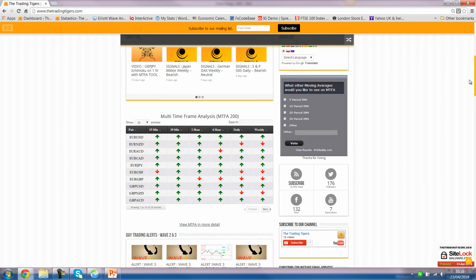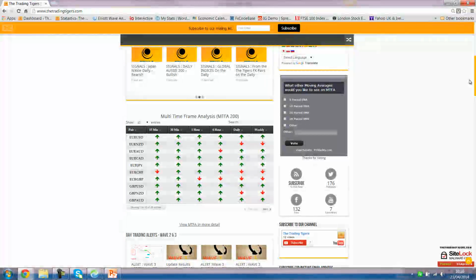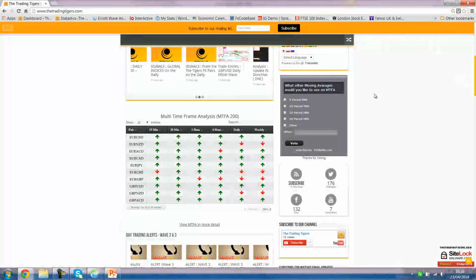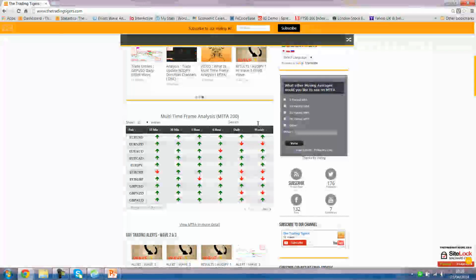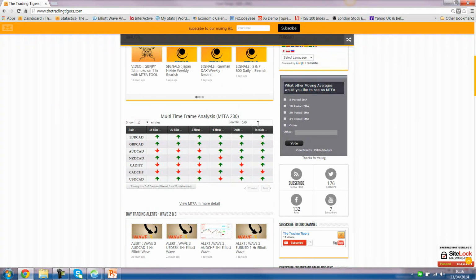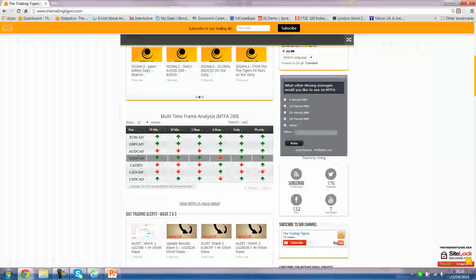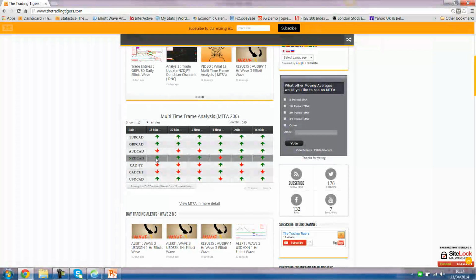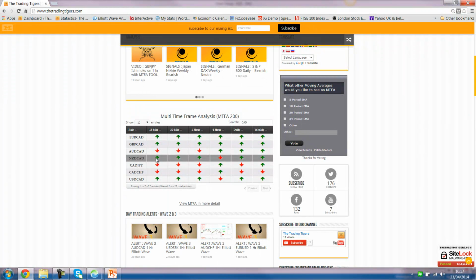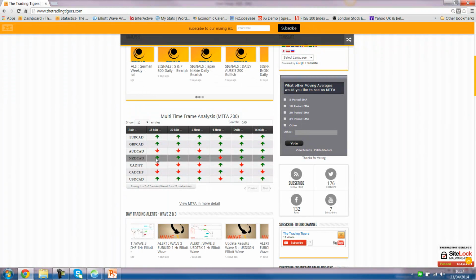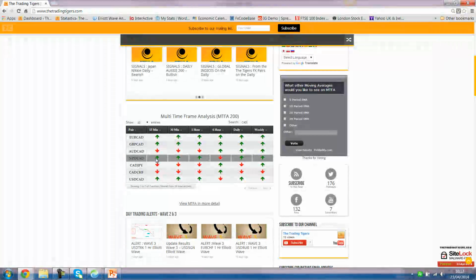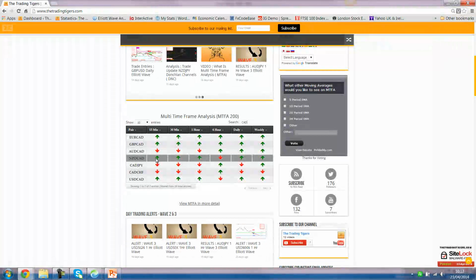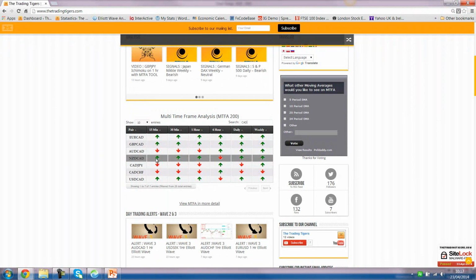So what I do, I go to the MTFA tool, which is the second tool, and I type in there NZD CAD, and there we can see Kiwi Canadian dollar. What this chart is actually telling us is the bias for price on these time frames.